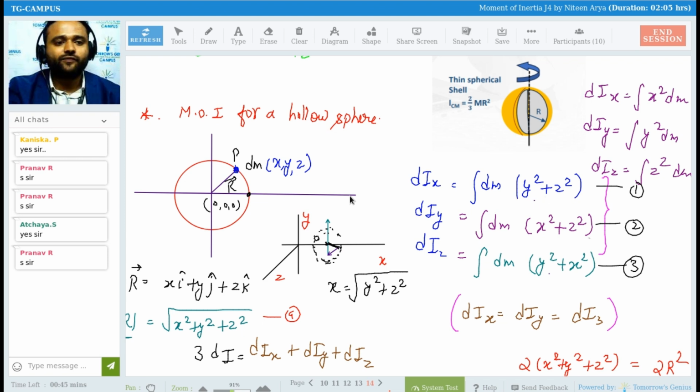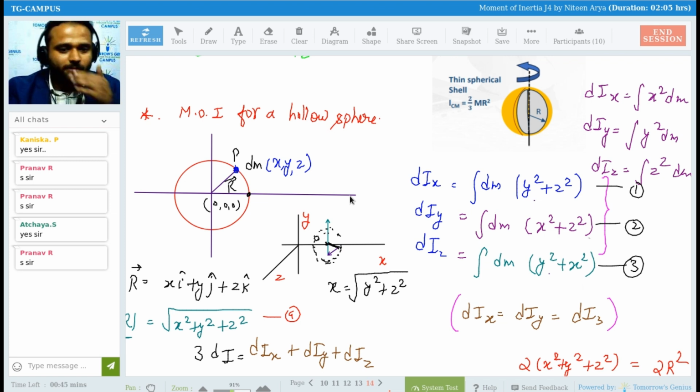In the same sense, any other particle which rotates around the y axis, or along z or x axis, for that y square becomes x square, z square. Or any other particle which rotates on the y or x axis, for that z square becomes y square, x square.